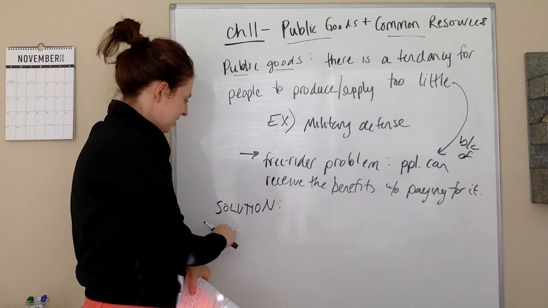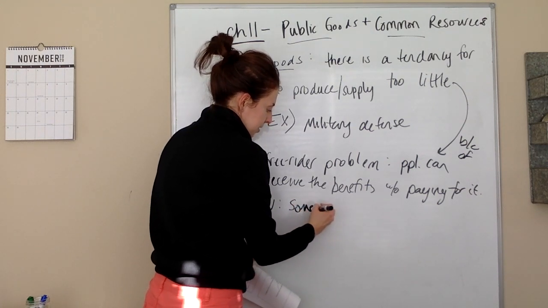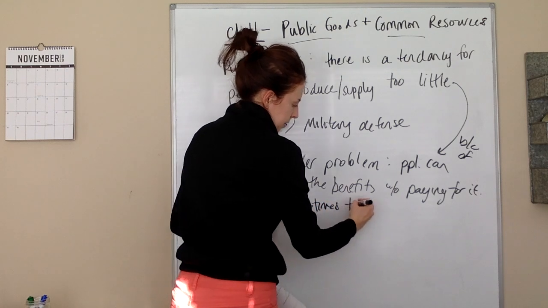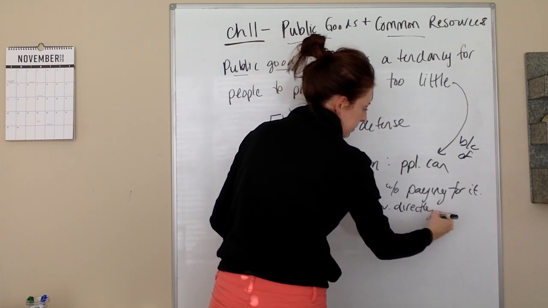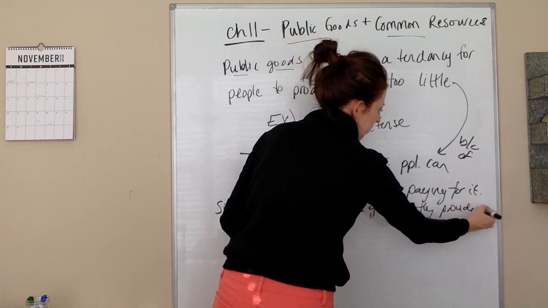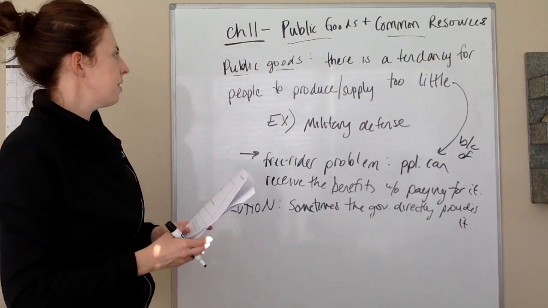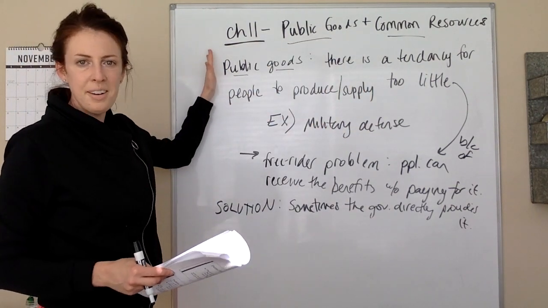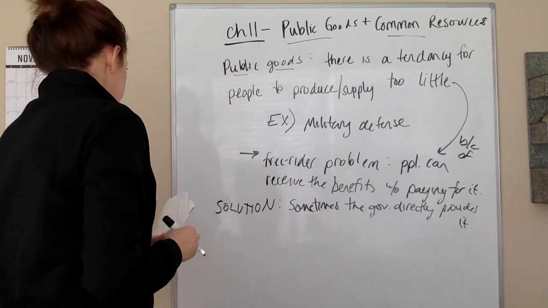All of that is to say the solution is sometimes the government directly provides it. Okay, so this is example number one of the two categories that we're going to look at today, public goods.